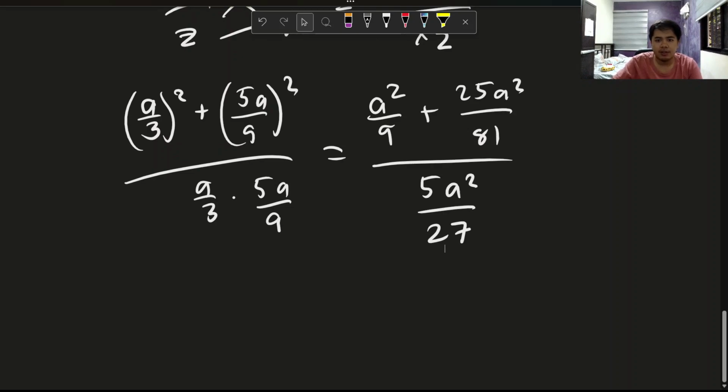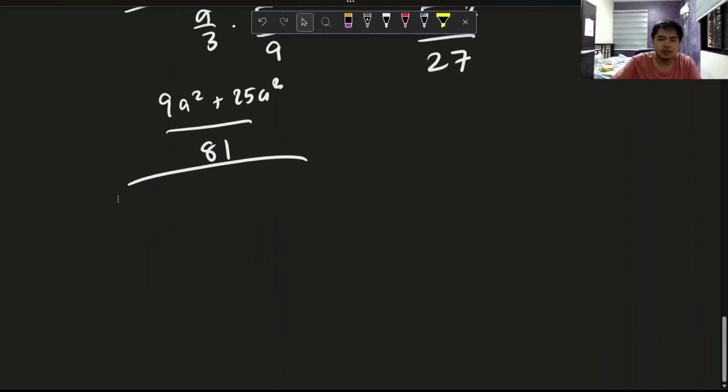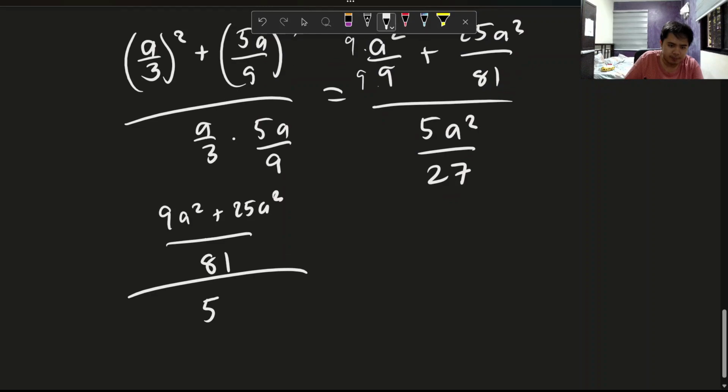All right. So let's try to find the lowest common denominator of 9 and 81. That's going to be 81. So in order for this to be 81, we have to multiply both the numerator and the denominator by 9. So this becomes 9a squared plus 25a squared over 81, all over 5a squared over 27, right?